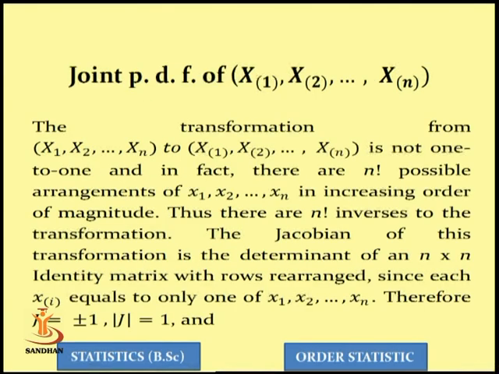Now to derive the probability density function of the kth order statistic, we first derive the joint distribution of all order statistics X(1), X(2) up to X(n).